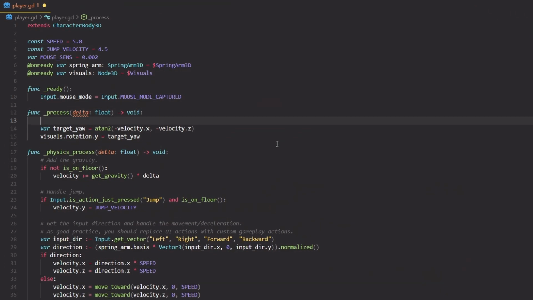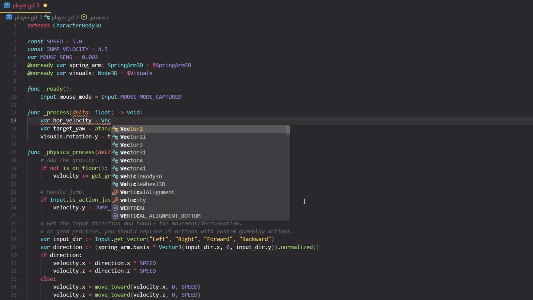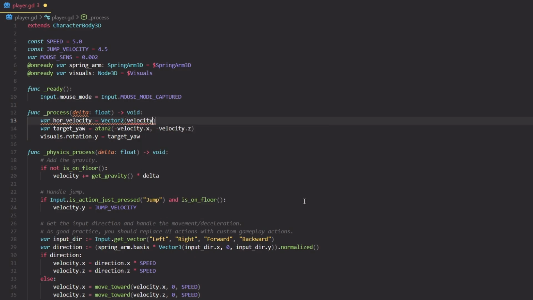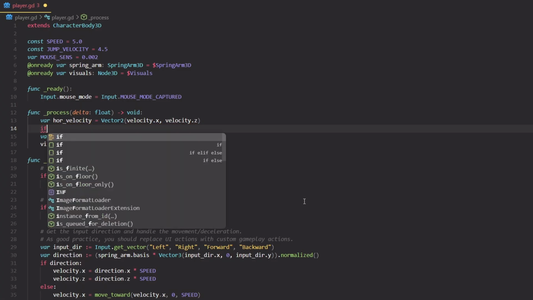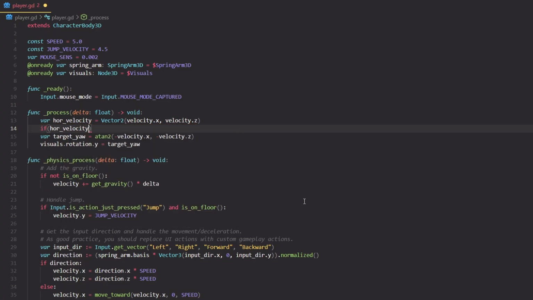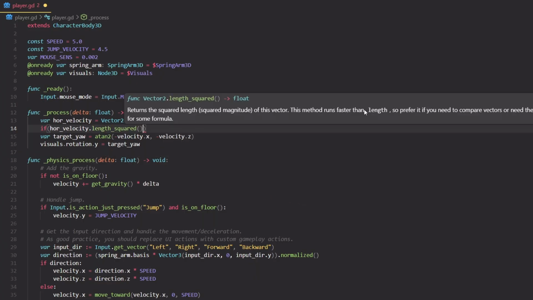So to fix this issue, we have to make sure we only calculate this angle and set it once there is actual movement. So let's declare a variable called horizontal velocity, and we're going to construct it out of our velocity's x and z components. That way we can say if horizontal velocity, and now we can call a vector function length, or actually I'm going to use length squared because it's a faster function. You can see that in the description here.